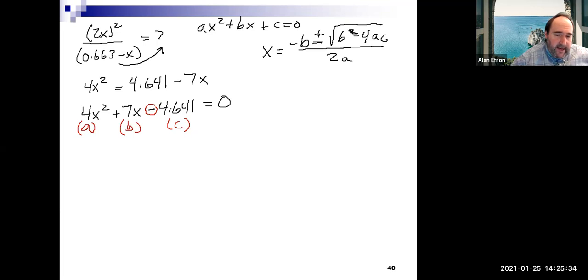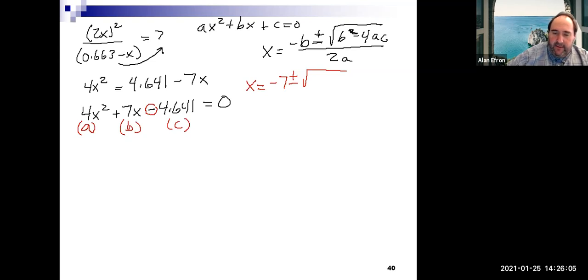If we put that into our formula, we get x is equal to minus b, which is minus 7, plus or minus the square root of b squared, which is 7 squared, minus 4 times a, which is 4, times c, which is negative 4.641.